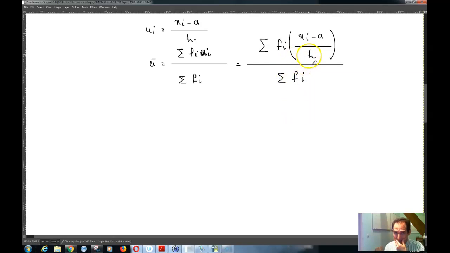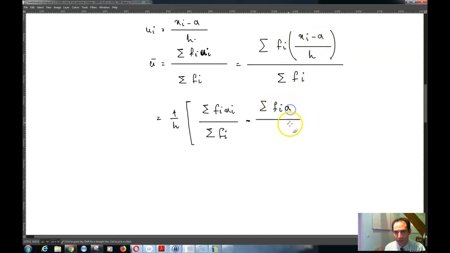And I can take this 1 divided by h out, of course. So I can write this as 1 divided by h times sigma f of i times x of i divided by sigma f of i, minus sigma f of i times a over sigma f of i, right?